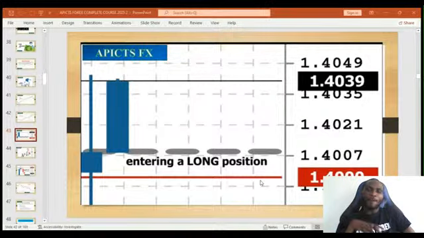At 1.4000. Now the market moves to the current price. The current price is 1.4039.